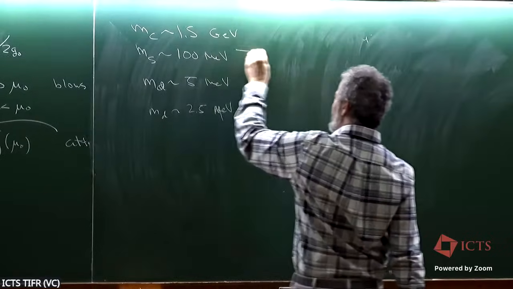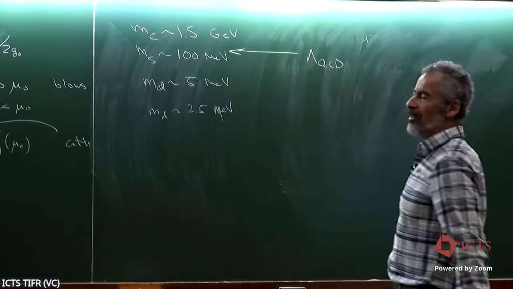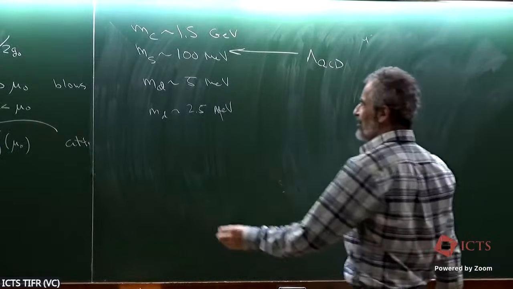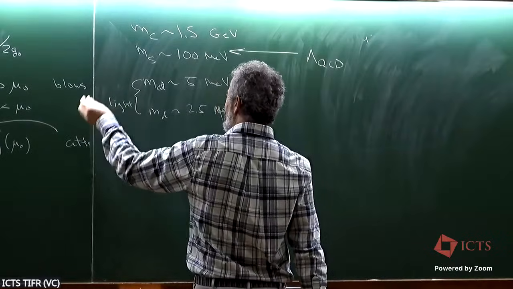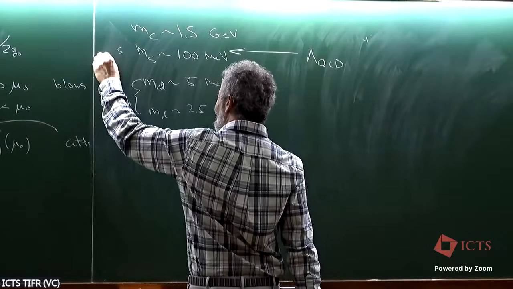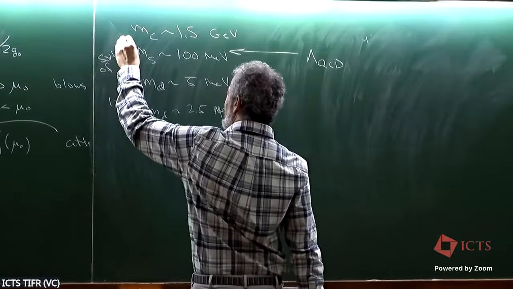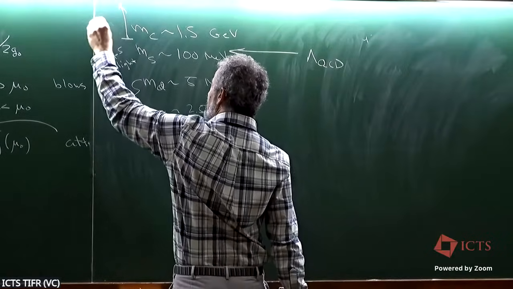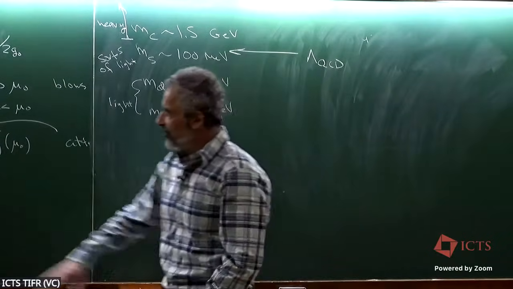So lambda QCD is somewhere around here where the QCD theory gets strong. And so these are light. This is sort of light. And then everything up here will be heavy.